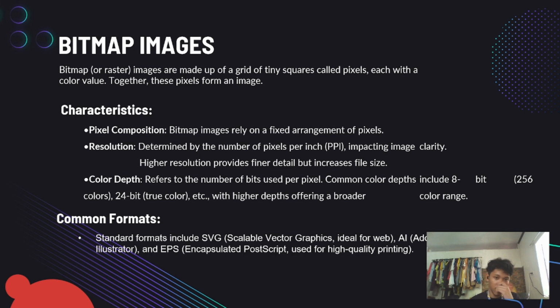So color depth refers to the number of bits used per pixel. That is, how many bits it uses.